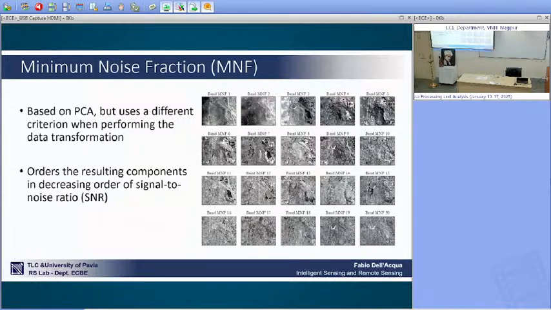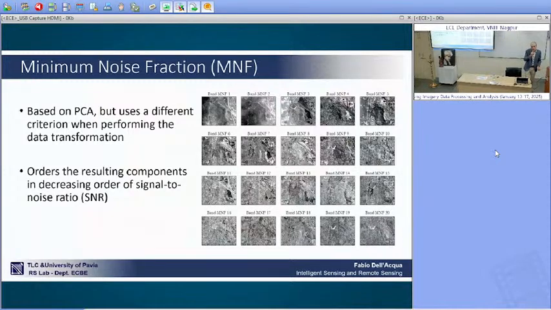So if I understood correctly, you want to determine a criterion to decide where to cut. Well, it depends on the application. Unfortunately, there's no general criterion.